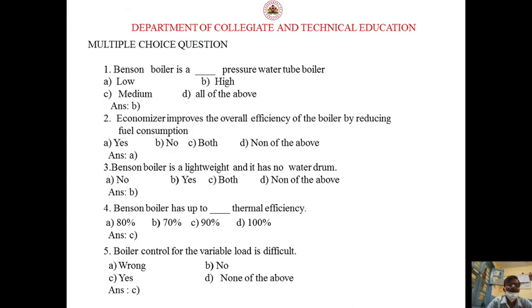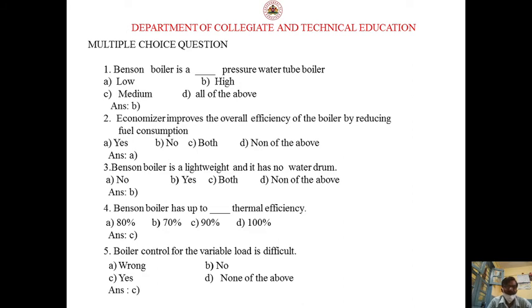Question number one: Bunsen boiler is a dash pressure water tube boiler. The options are low, high, medium, all of the above. The Bunsen boiler is a high pressure water tube boiler. Answer is B.